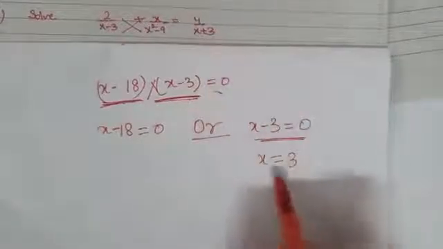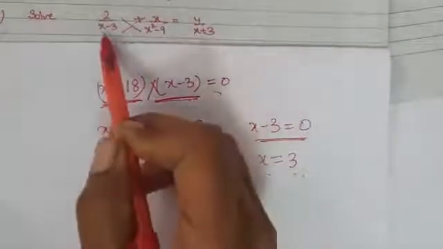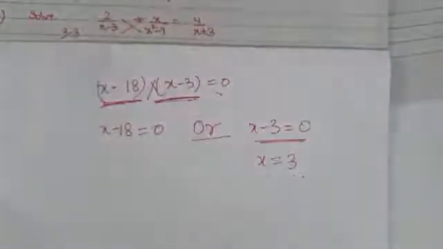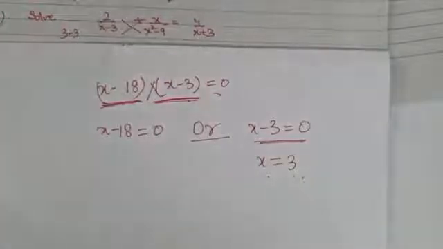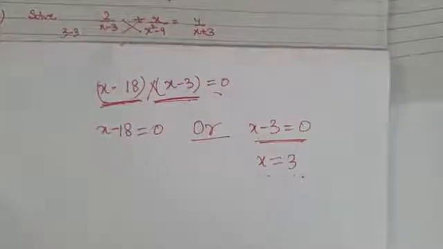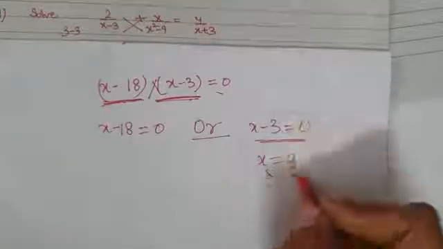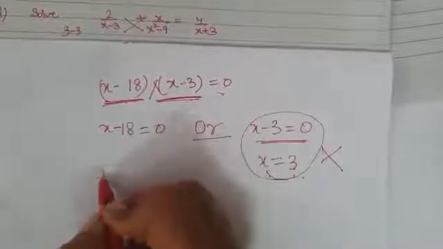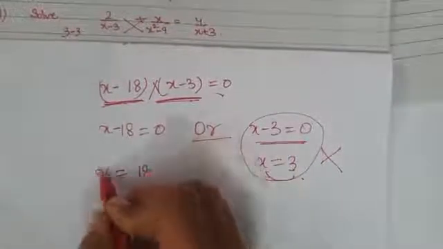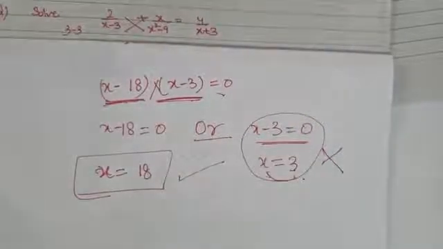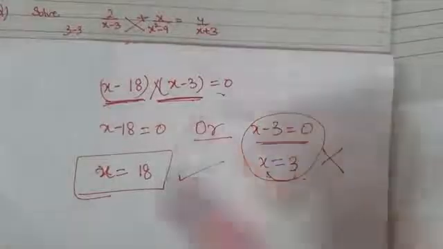But if you take x is equals to 3 here, see this very carefully, 3 minus 3 will give you 0. And in the denominator in mathematics, if 0 is there, it means it is not defined. So we cannot take x is equals to 3. So this is not possible. So x will be equals to 18 only. So this is your final solution of this given equation.